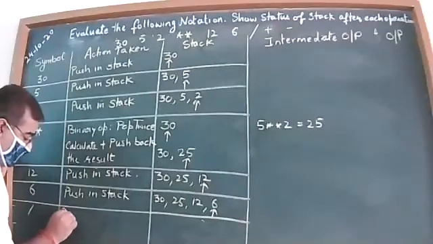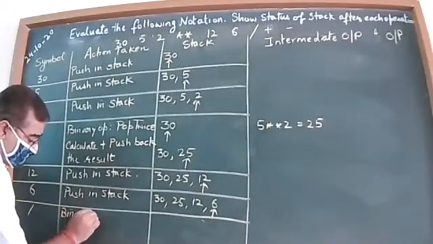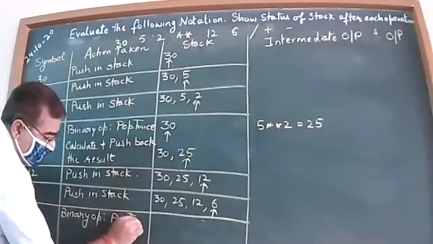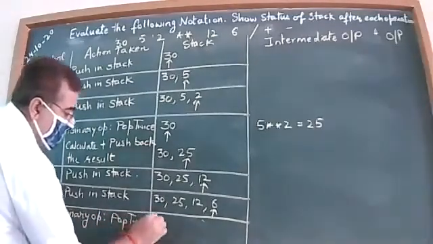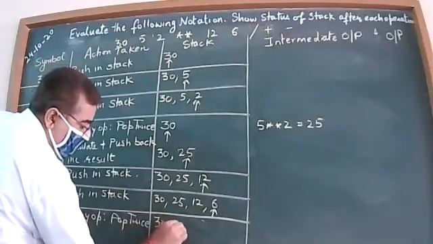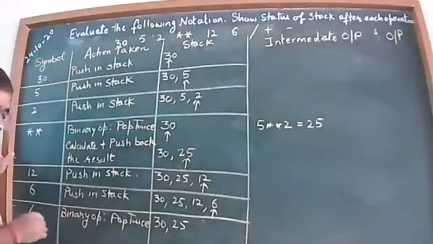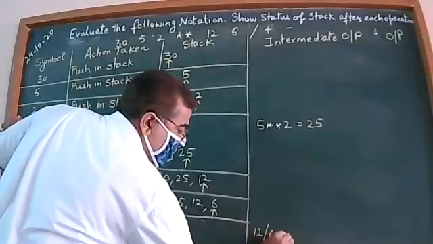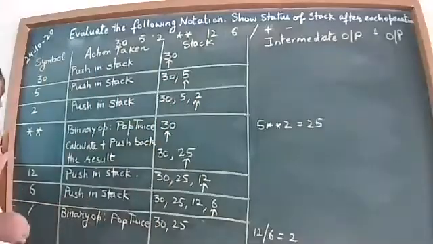Divide is a binary operator. Pop twice. I have 30 and 25 over here. I pop two elements, 12 and 6. Result is 2.